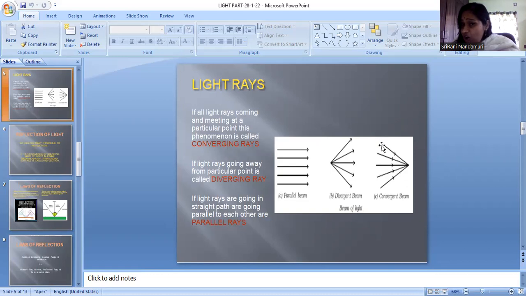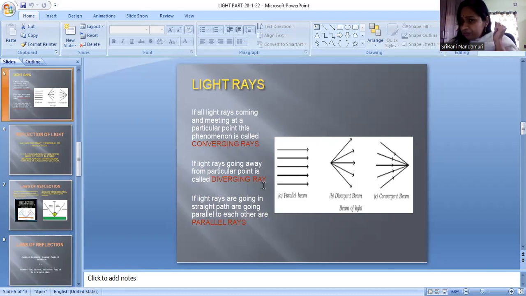Here, converging, all the light rays are coming together. Diverging means all the light rays are going back from a particular point. Diverging means dispersion, going out. You just remember, diverging means dispersion. A light ray disperses, goes back. It diverges from a point. This is the divergent beam.